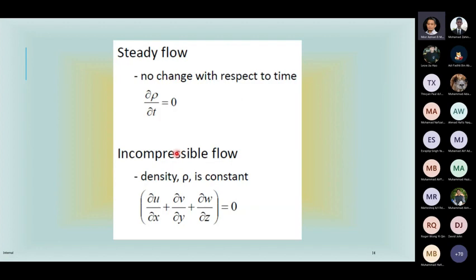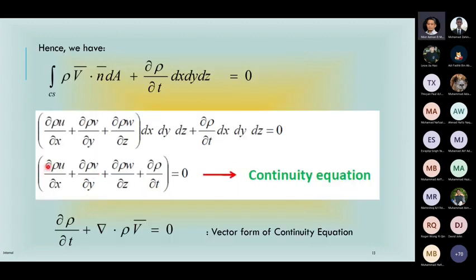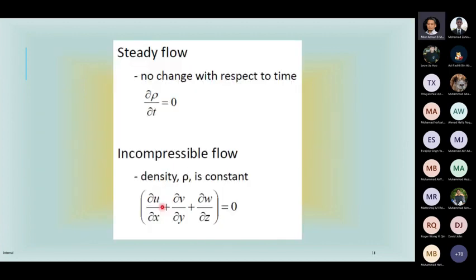And if it's incompressible flow, which means the density rho is constant, you can pull the rho out from this equation, and you just end up with partial u partial x plus partial v partial y plus partial w partial z equal to 0.